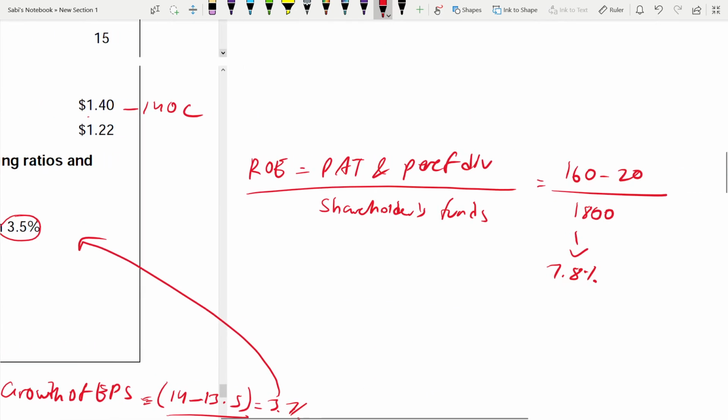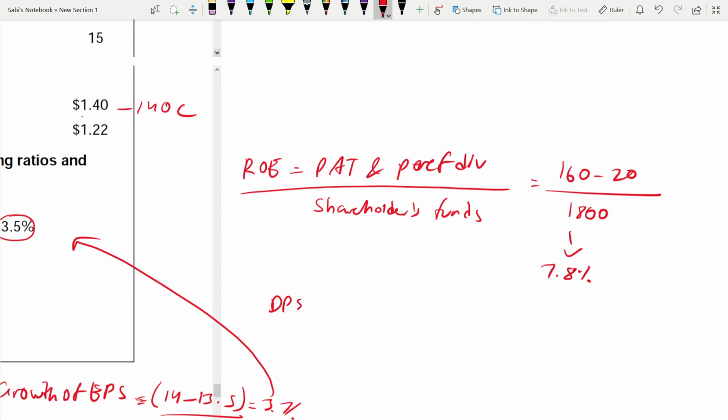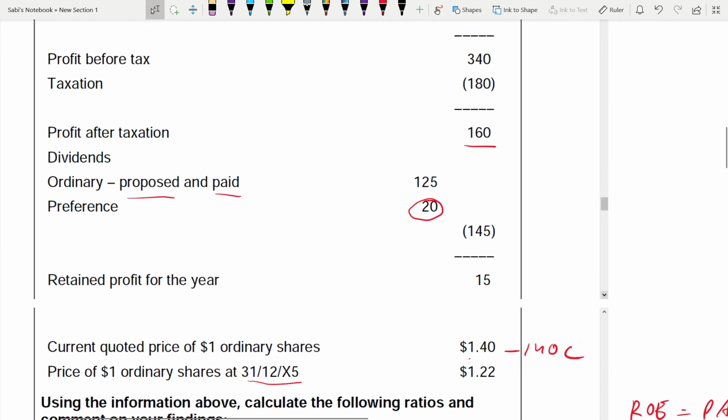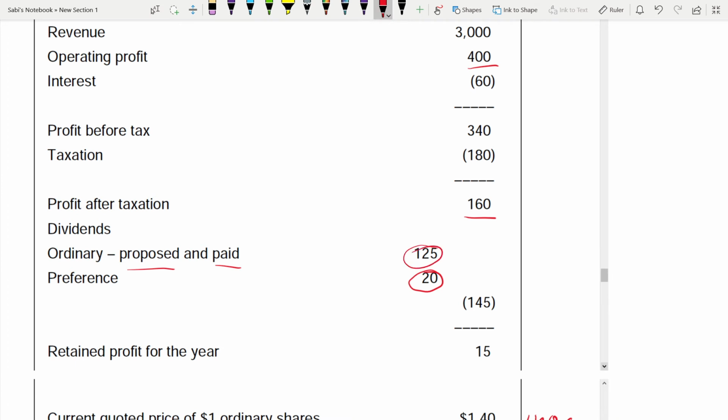What is the formula for DPS? Dividend per share. So dividend paid and proposed both, per share. That means total number of shares issued. So the dividend paid and proposed, we'll go and see, it is 125.